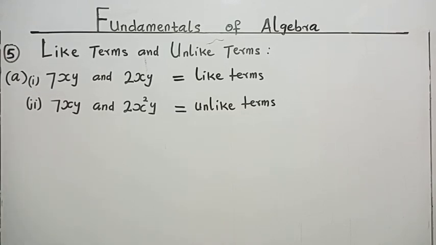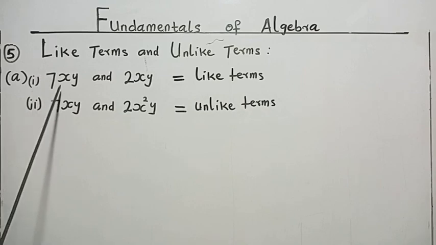What exactly are like terms and what are unlike terms? Together, let us make observations so that from these observations we come to learn the meanings of like terms and unlike terms. To start with, consider 7xy and 2xy again.